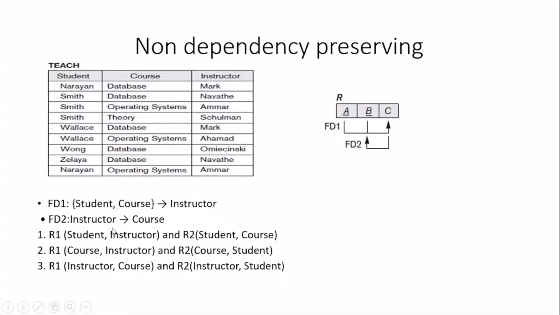But the problem with this kind of decomposition is that we lost one functional dependency, that is FD1, student, course determines instructor. Because each of these relations has only two attributes, this cannot be true. That cannot be there in any of the decompositions. So this is a non-dependency preserving example.